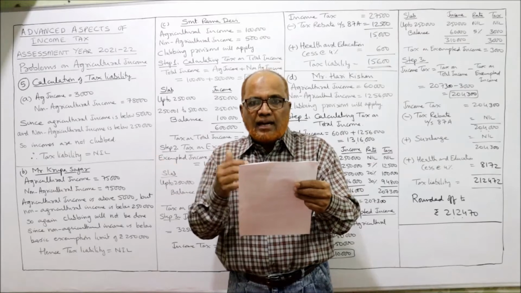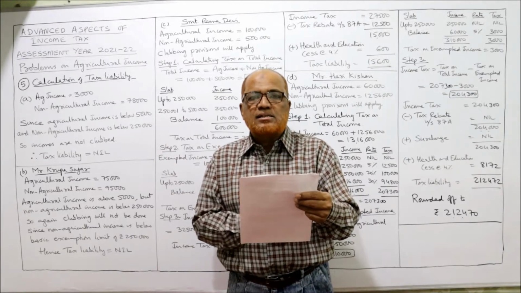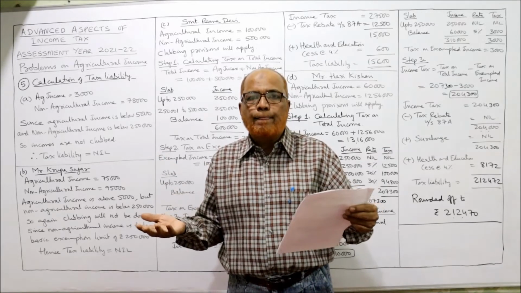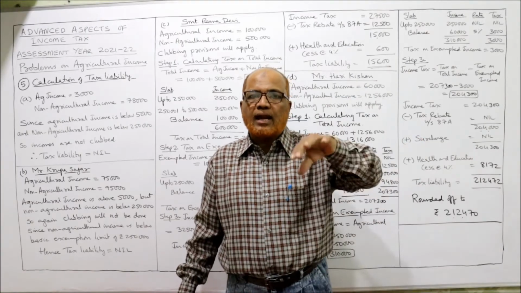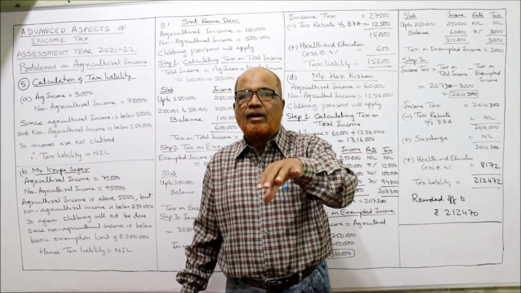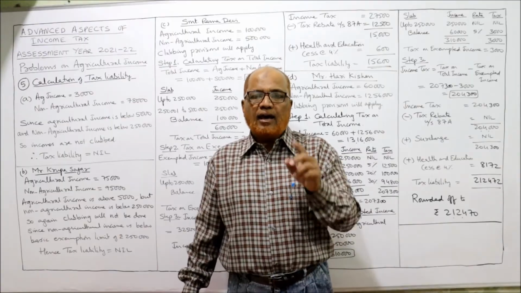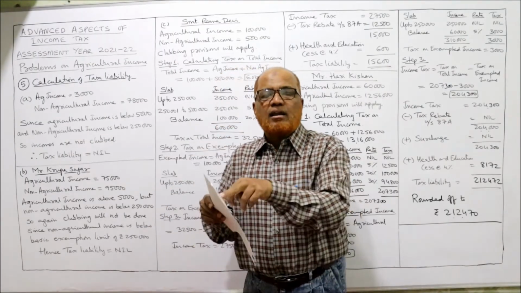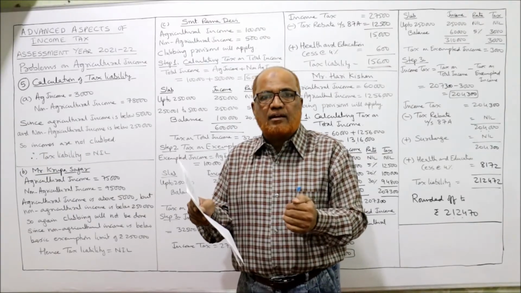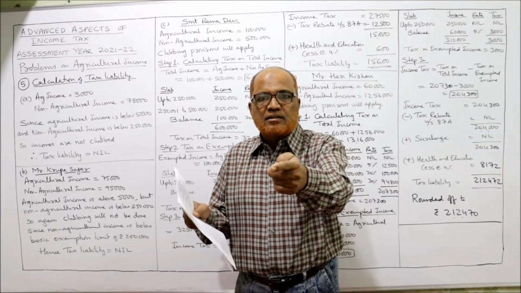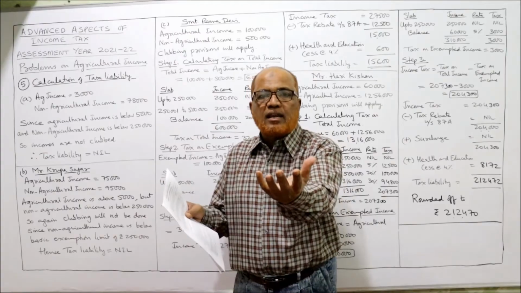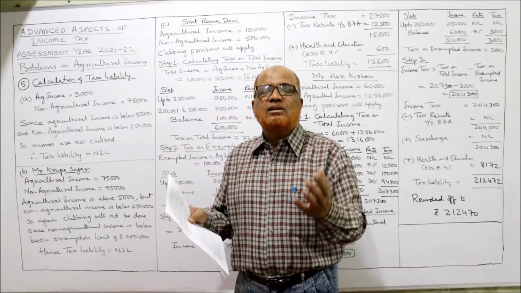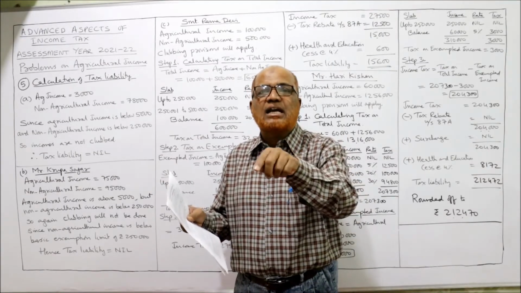So whatever rent Rajagopal Reddy gets, that is agricultural income. Because in the previous video I told you, rent or revenue derived from agricultural land is agricultural income. Here Rajagopal Reddy is receiving rent from the tenant, and the tenant is producing agricultural goods. So the rent received is agricultural income.